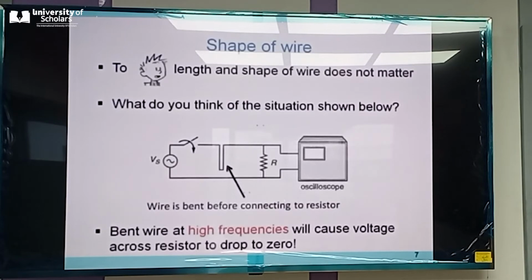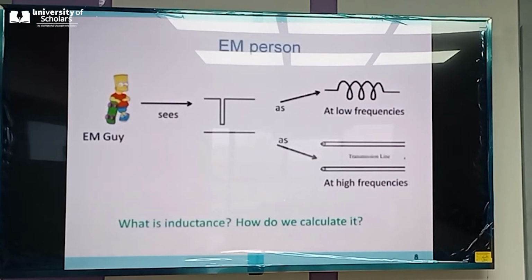Now let's see what an electromagnetic person would visualize. Let's go to the next slide. For an electromagnetic person who studies this course, the same bent wire plus the other straight wire at low frequency looks like an inductor, and at high frequencies looks like a transmission line.